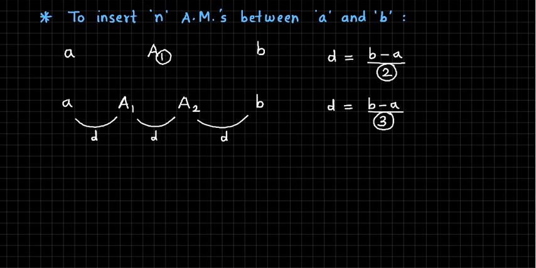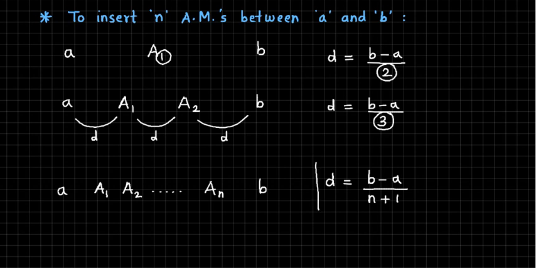So therefore it is clear that suppose we want to insert n means, that is denoted by a1, a2 and so on up to an, we get the formula for common difference as b minus a has to be divided by n plus 1.